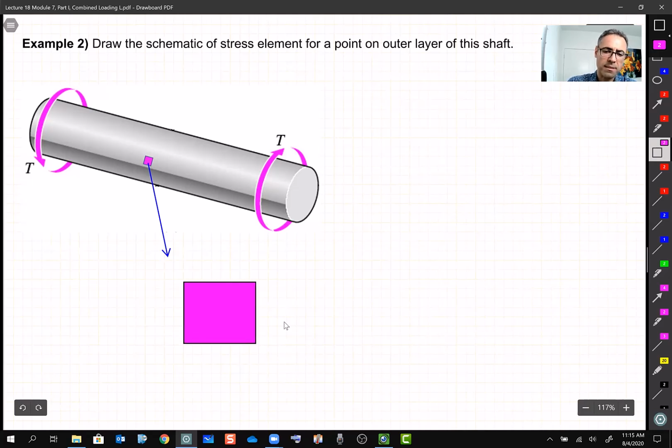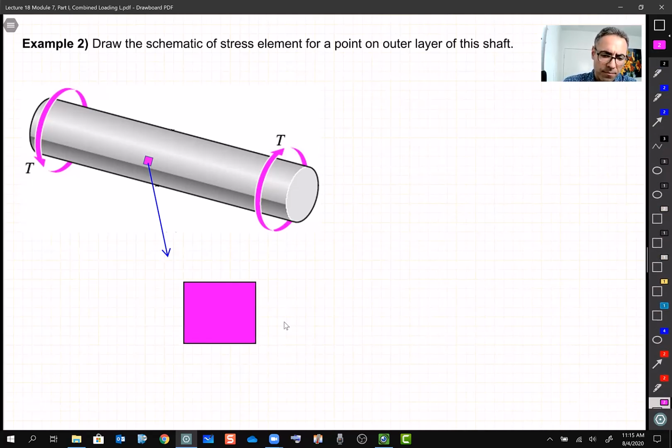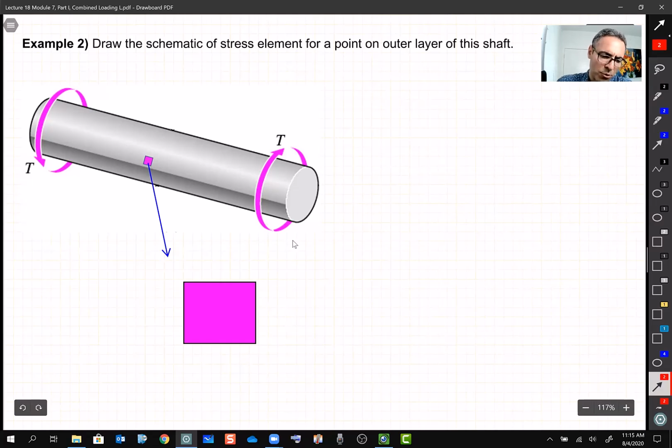This is the element. And for shearing stress, I've seen students get a little bit confused. The way that you do it, look from one face, look at this T, and the one that I explained in the previous lecture. Imagine lots of slices, lots of coins, which form this shaft.